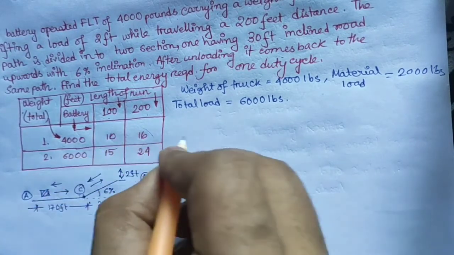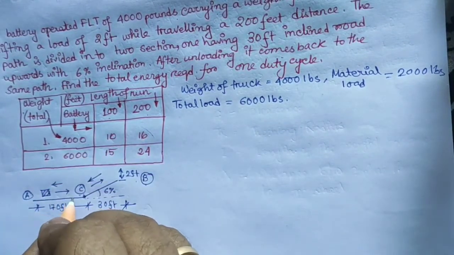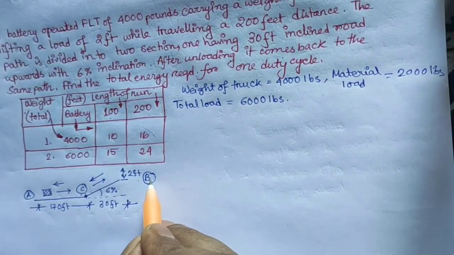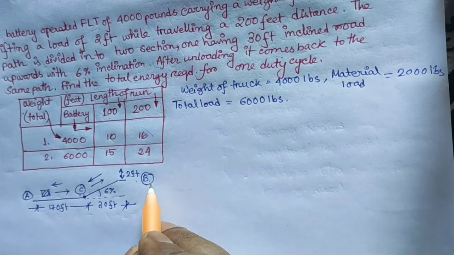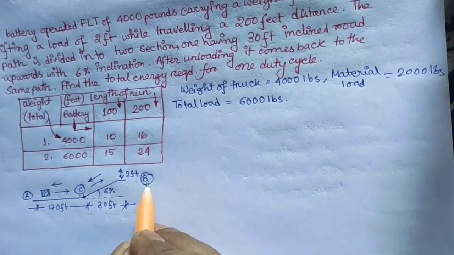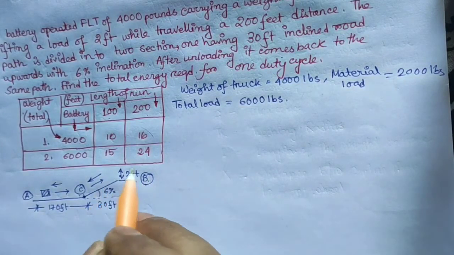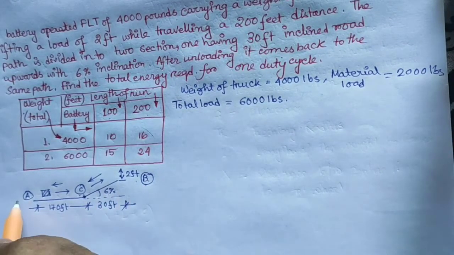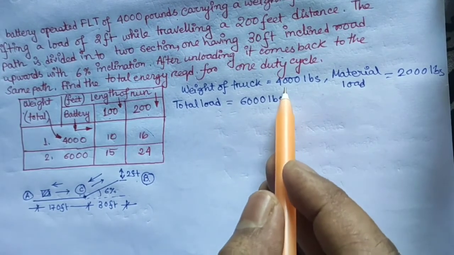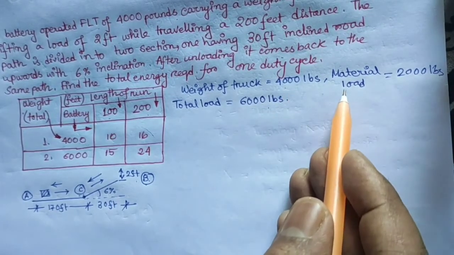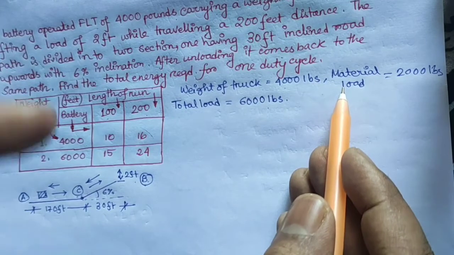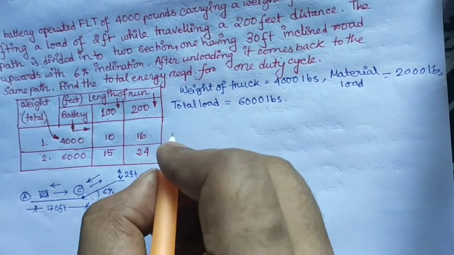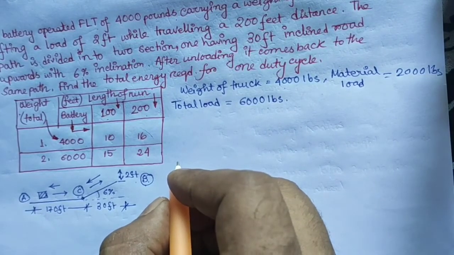When the truck is fully loaded with material, it is going from A to B. Now when it is running from A to B with material, its total load becomes 6000. Now when it is coming back from B to A, its total load becomes 4000, just because it has already unloaded the material load of 2000 pound. Okay, so we have to solve it in two sections.